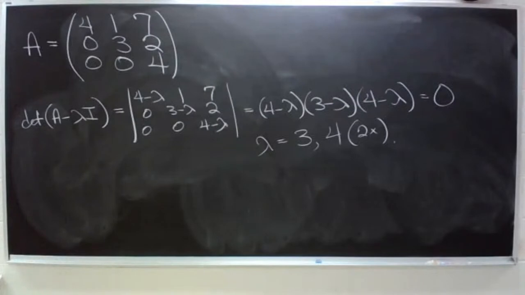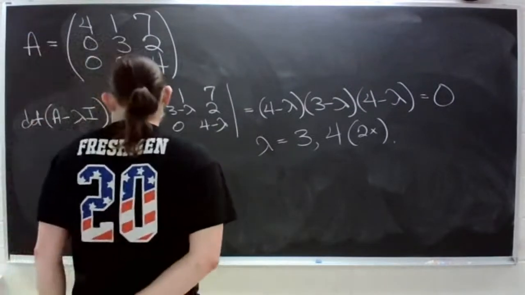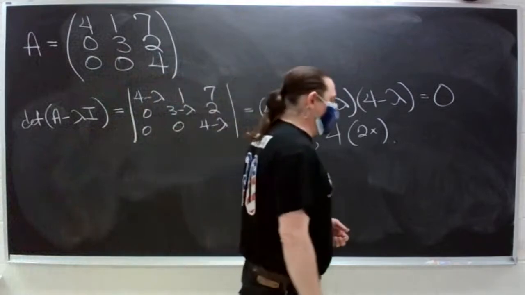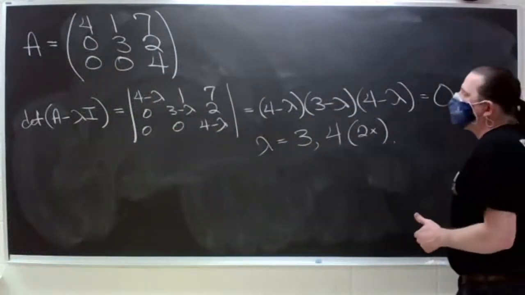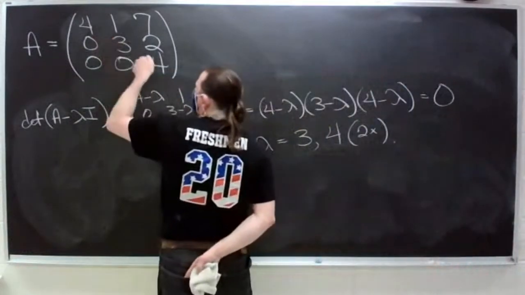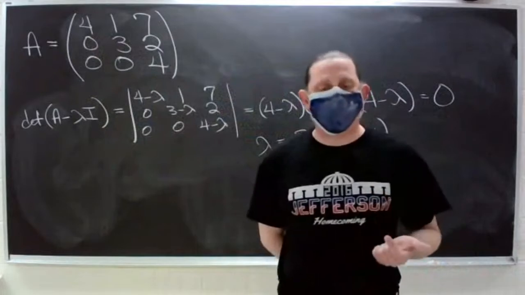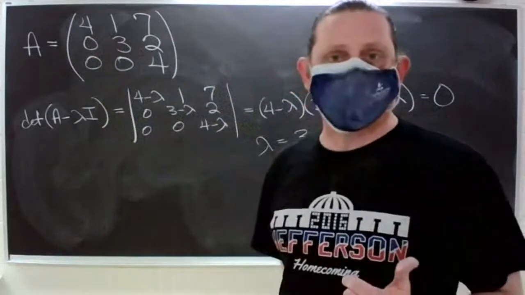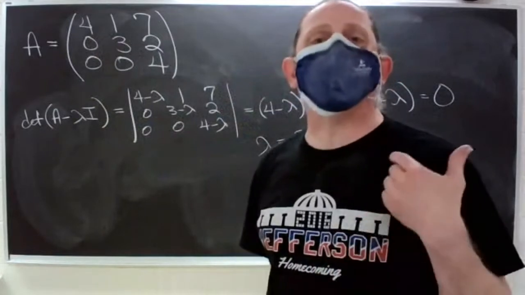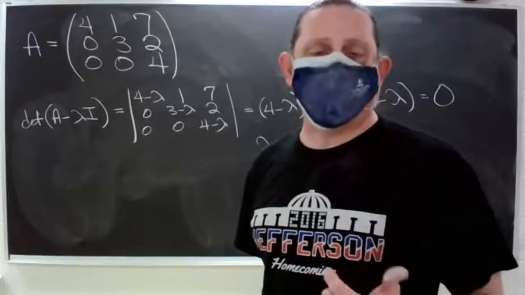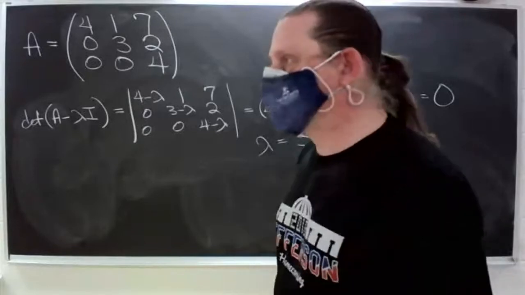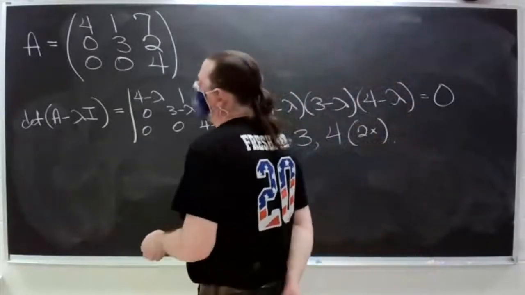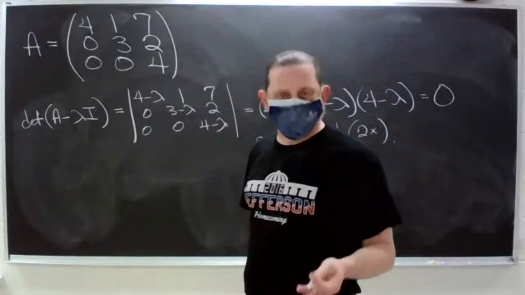Well, let's see what happens when we get eigenvectors. Oh, by the way, we could have read that immediately off of here, because whenever you have an upper or lower triangular matrix, its eigenvalues are displayed prominently on the diagonal. That's a useful fact to remember.